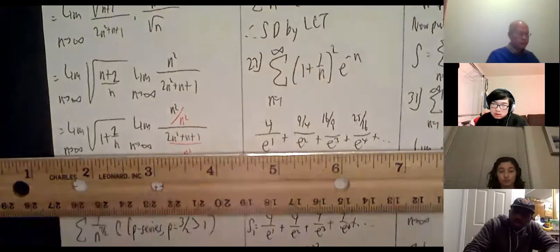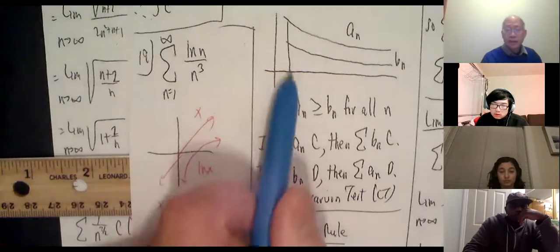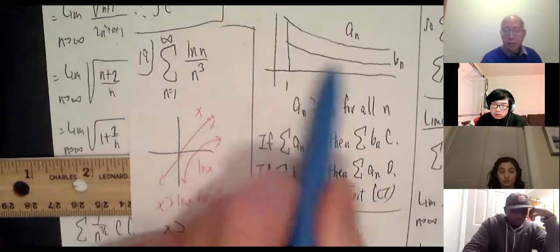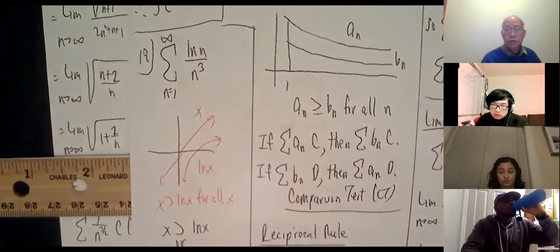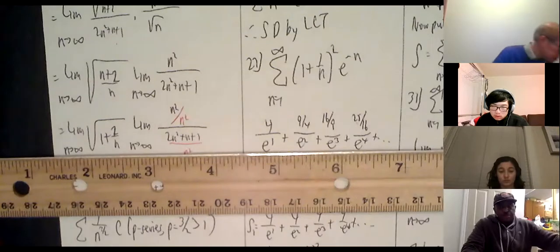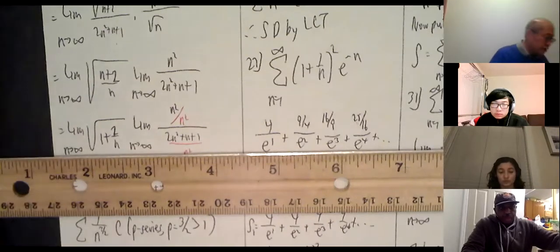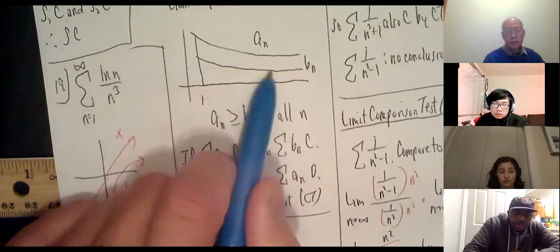So in other words, I think it's going to be this situation. The smaller one converges, therefore the bigger one converges. I take it back, the other way around. The bigger one converges, therefore the smaller one converges.